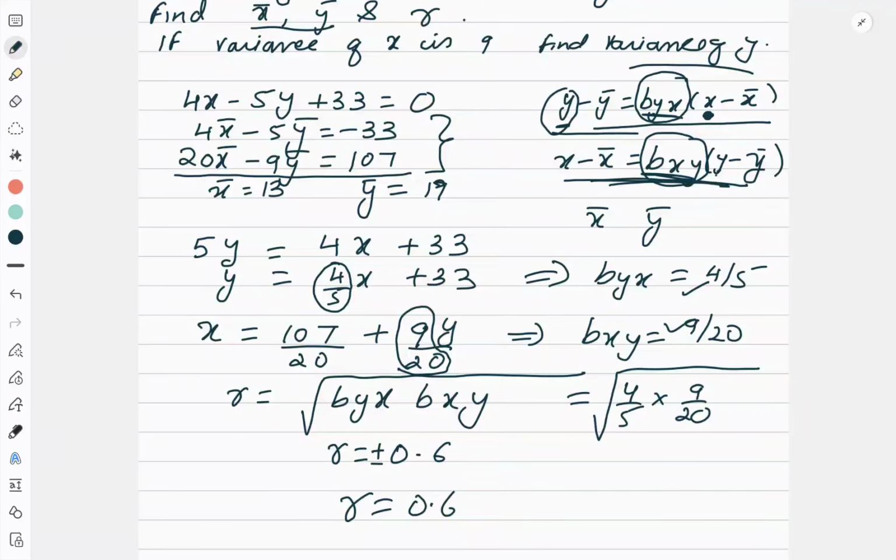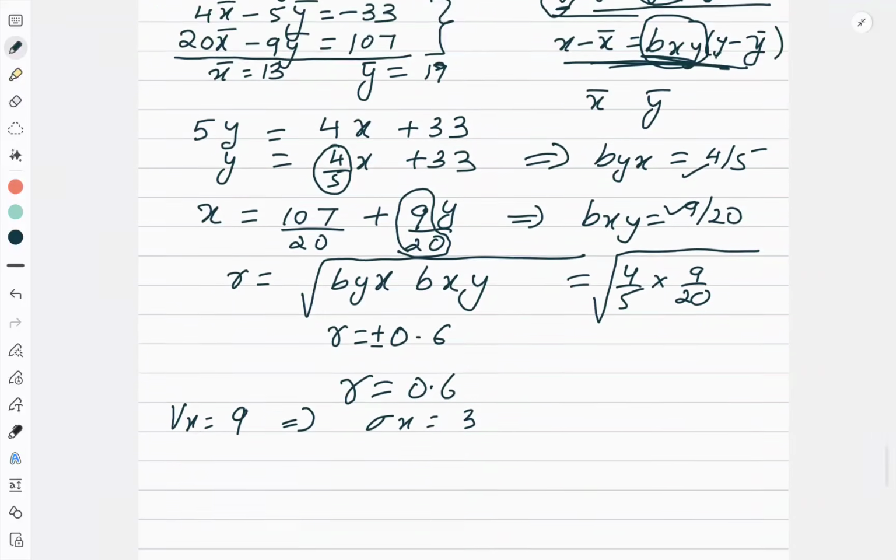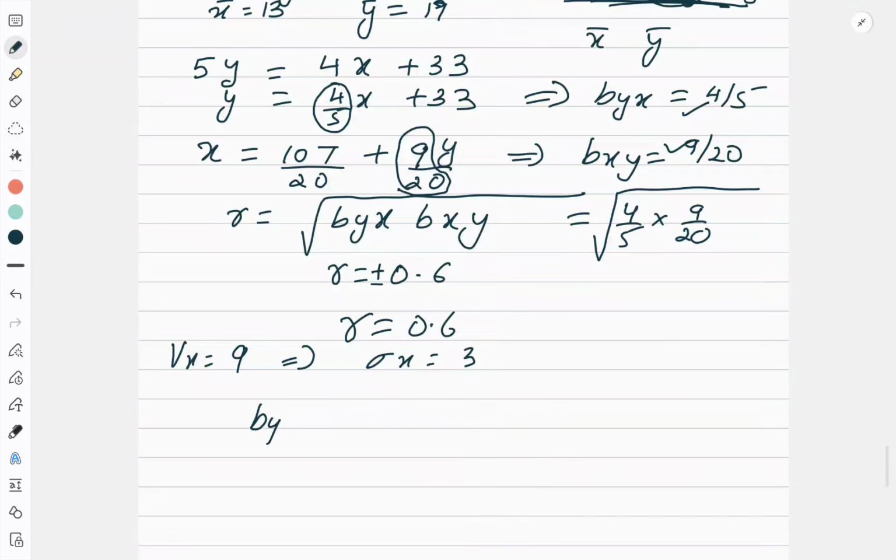I hope you understand. Now the second part of the question says that if variance of x is 9, variance of x is 9 means Vx is equal to 9, implies sigma x is equal to 3. Right? Find the variance of y. So I know that byx is equal to r sigma y upon sigma x.